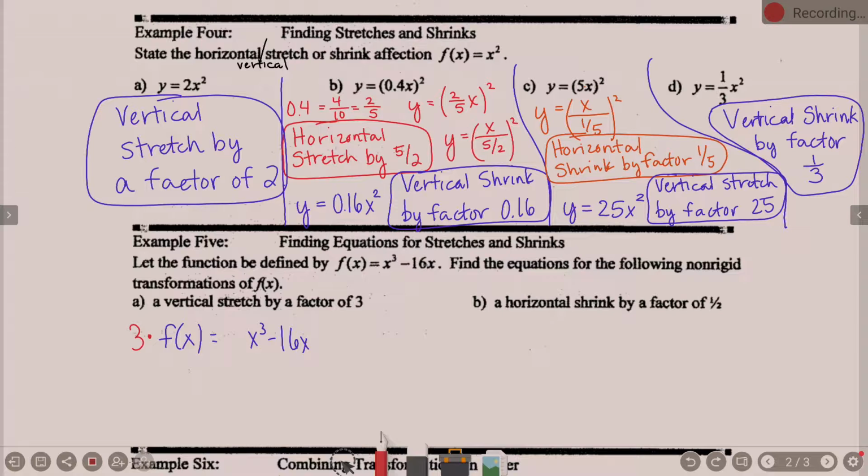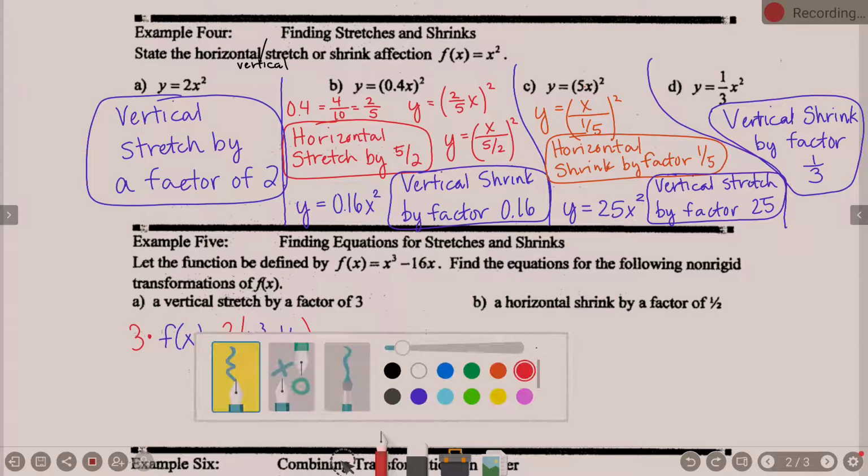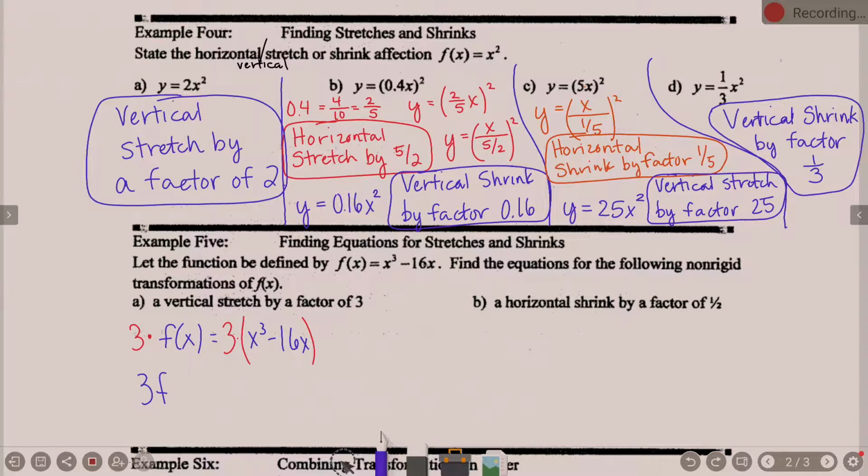Because vertical, you just multiply by the function. So what does that mean I have to do here? If it's 3 times f of x, that means I have to take 3 and multiply it into the function. Vertical is a piece of cake. That's the easier one, right? So if we rewrite this, what happens when you distribute that 3?